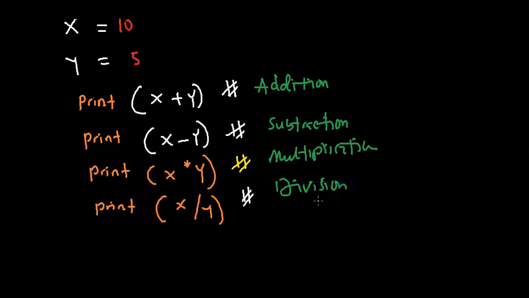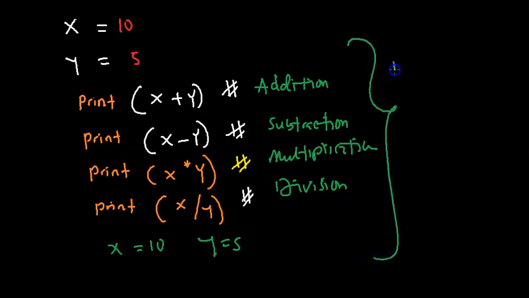So notice that from the values which we are given, we said x is equal to 10 and y is equal to 5. And notice that this is going to be 5 plus 10, which is simply going to be 15. So the outcomes for this are simply going to be 5, 15, then 10 minus 5 is simply going to be 5. 10 multiplied by 5: here we have x is 10, right?